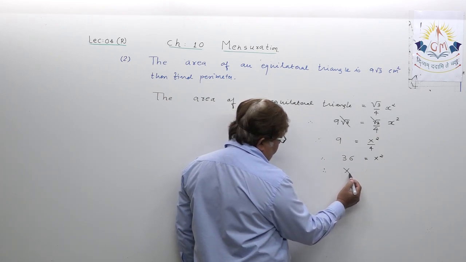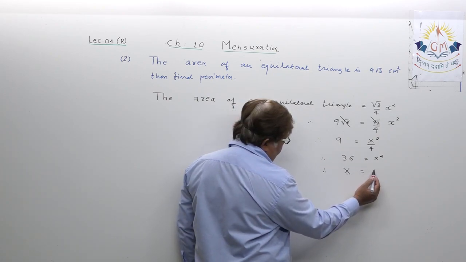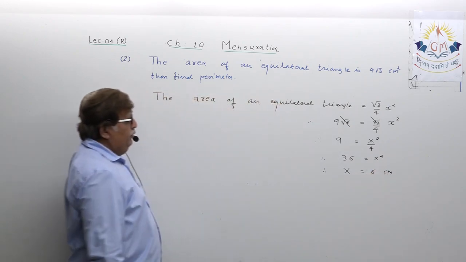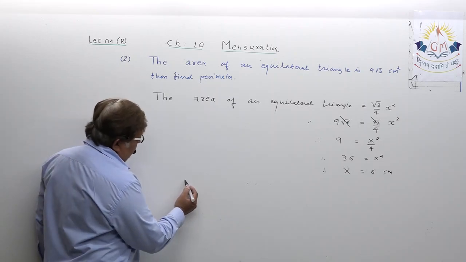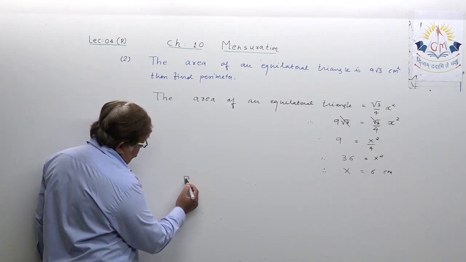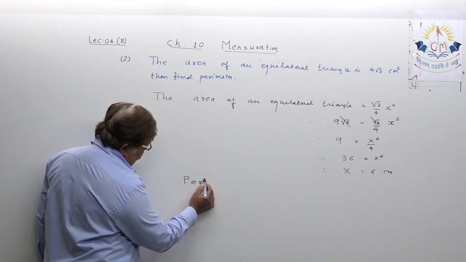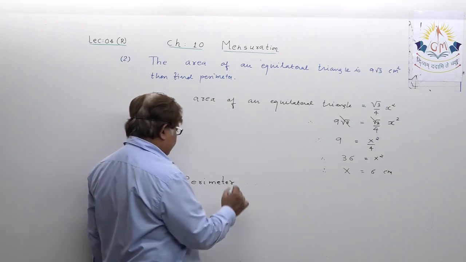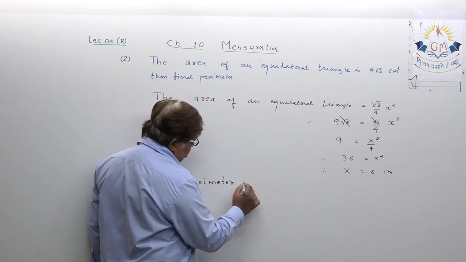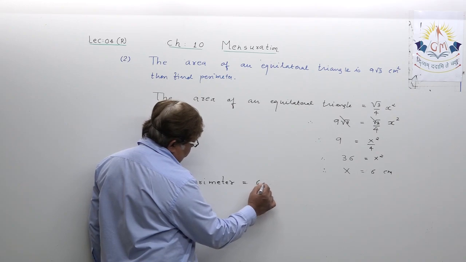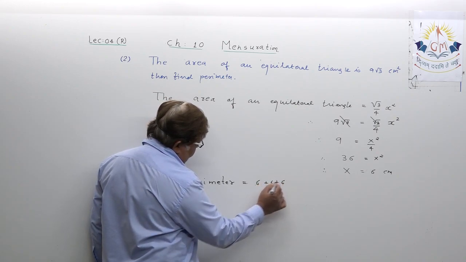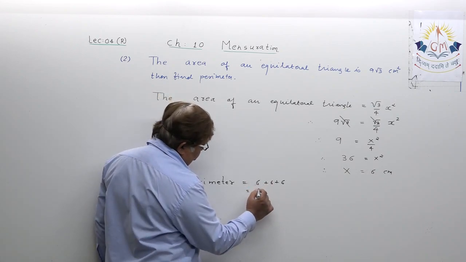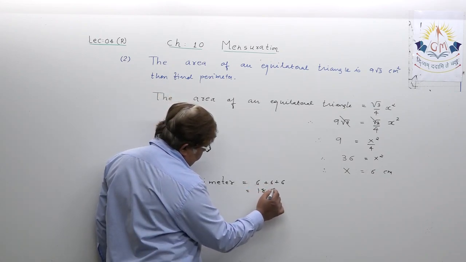So dear student, when you take out the square root, you get x equal to 6 centimeter, and the question is just looking for the perimeter. Perimeter equals 6 plus 6 plus 6, that's equal to 18 centimeter.